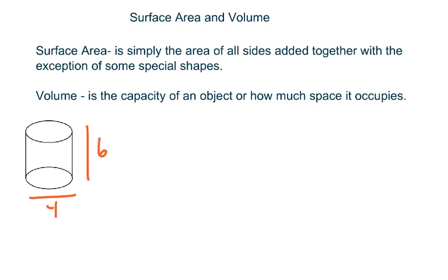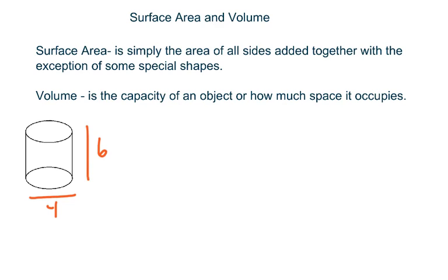For volume, the only special shape would be the sphere. Everything else will fall under either the volume of a prism or volume of a pyramid formula, and I'll show you how those work. And then you've got your general formulas, the area of a triangle, the area of a circle, area of a rectangle. Those are used to build all the other formulas.